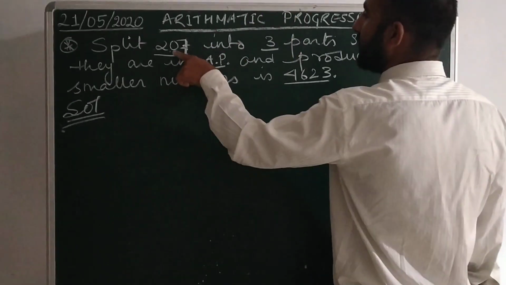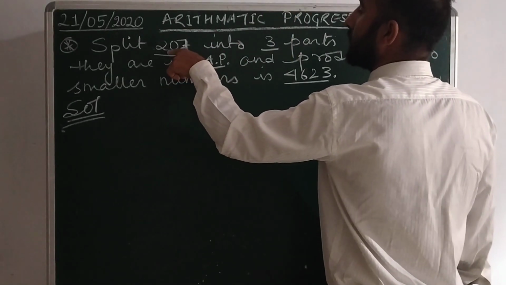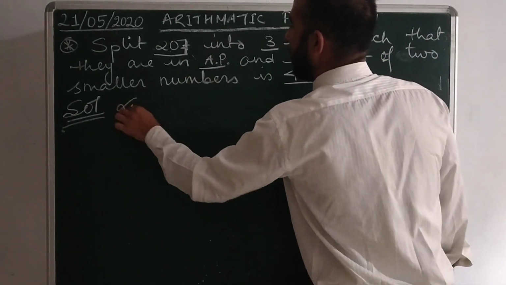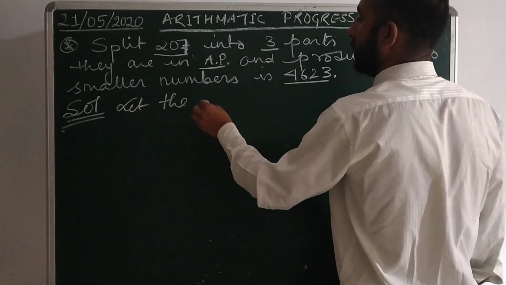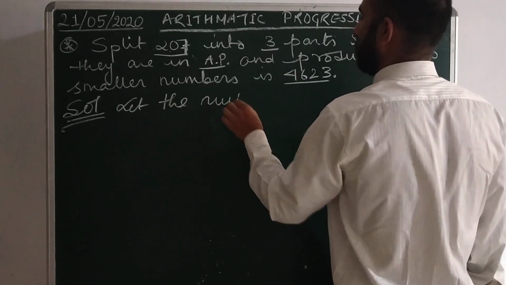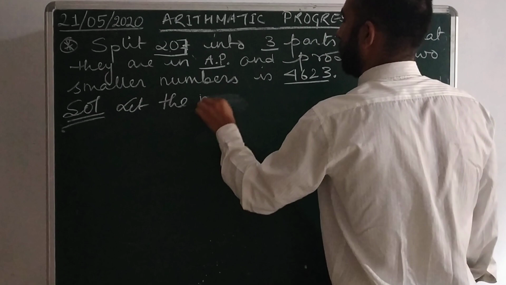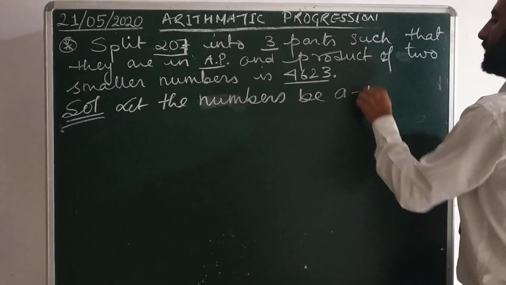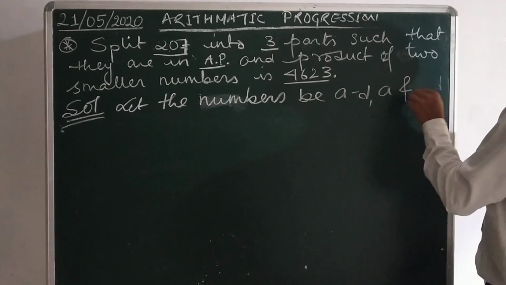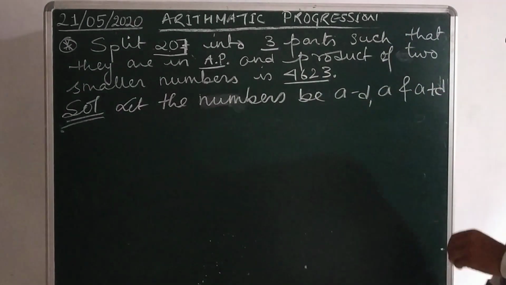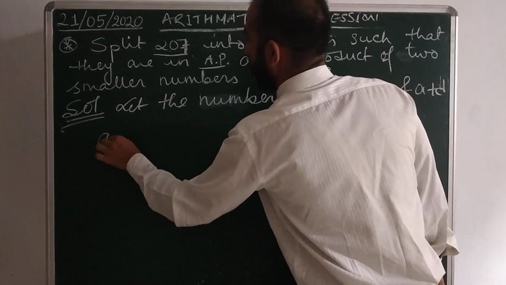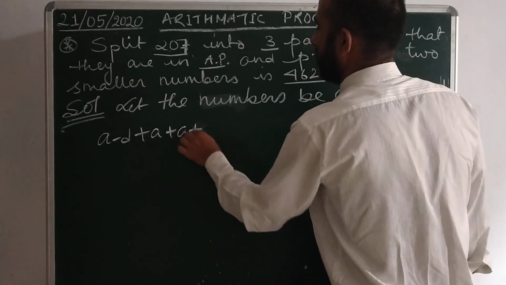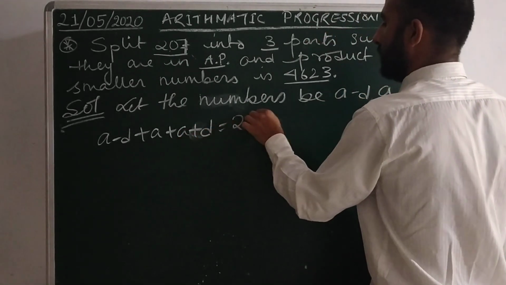See, indirectly we are given the sum of the 3 parts of the AP. That means if 3 numbers are given, then let the numbers be A minus D, A and A plus D. We are given the sum, that means A minus D plus A plus D is 207.